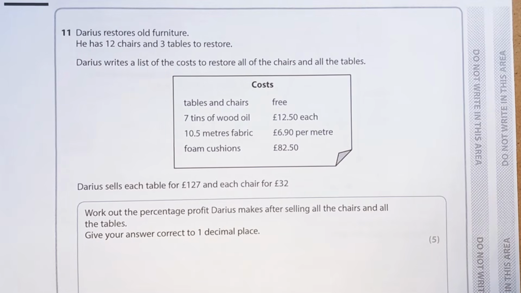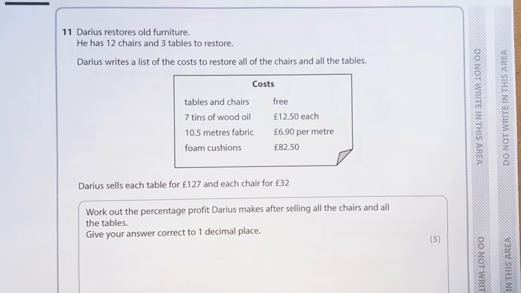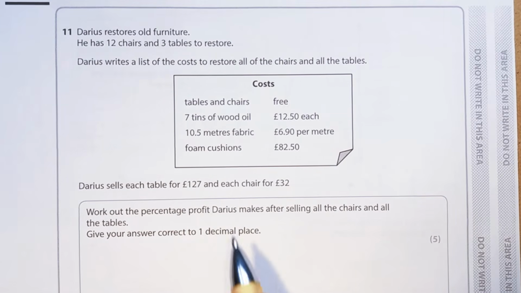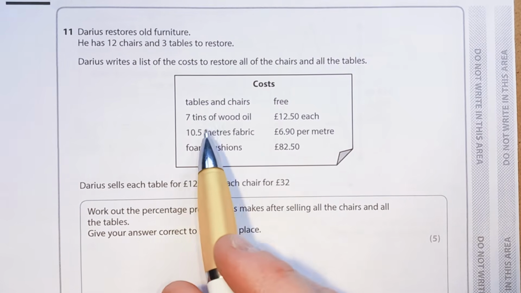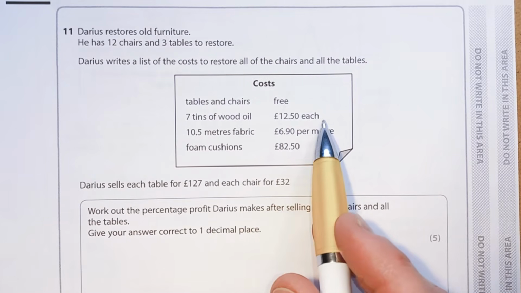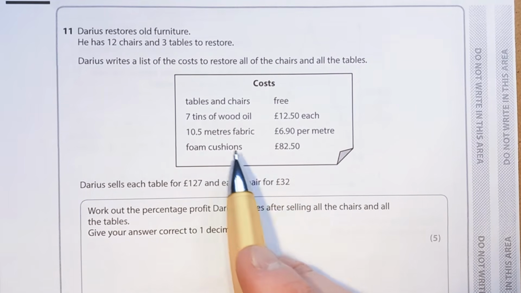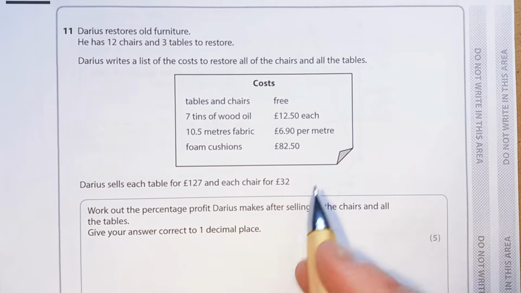Question 11. Darius restores old furniture. He has 12 chairs and 3 tables to restore. Darius writes a list of the costs to restore all of the chairs and all the tables. So the tables and chairs are free because he's already got them. He needs 7 tins of wood oil, £12.50 each, so that's for each tin. 10.5 metres of fabric, at £6.90 per metre.